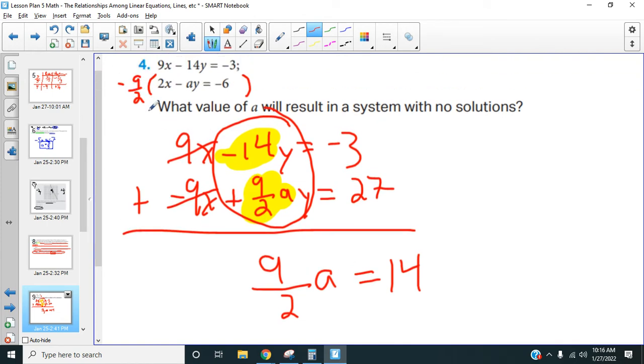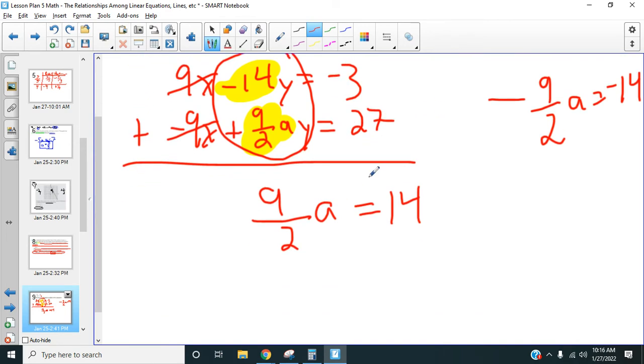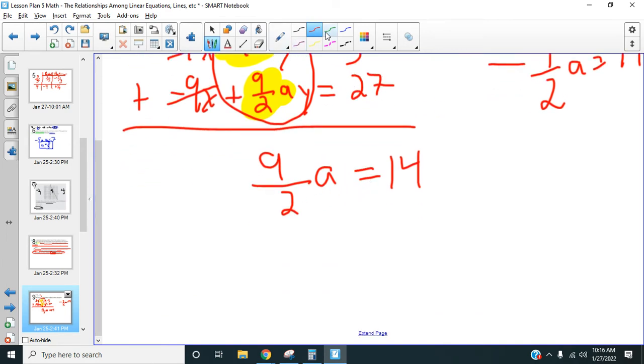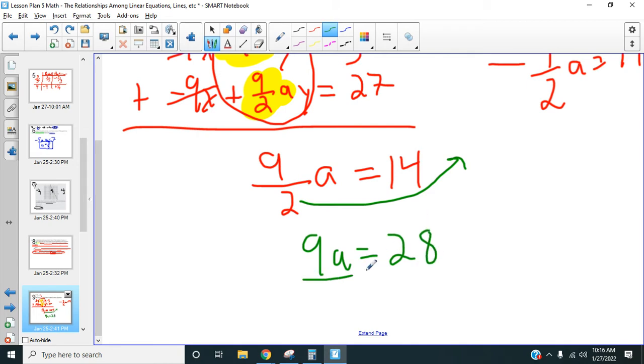You could have done it differently. If you said I wanted them to be the same, then your equation would look like this. And maybe you use 4.5. Maybe you did that. Either way, you're going to end up with a positive answer. All right, now how do you undo this? Well, you multiply by 2. And then you divide by 9.